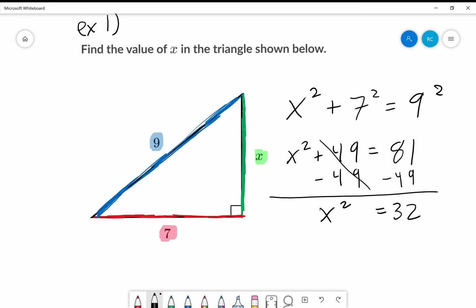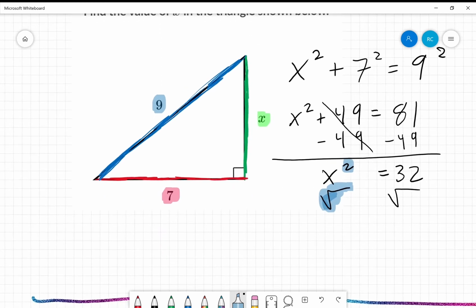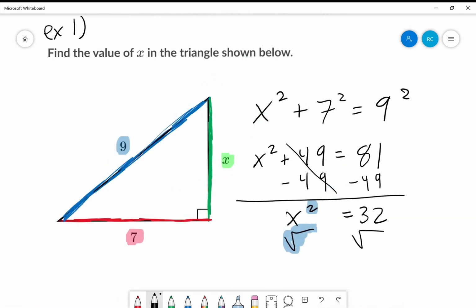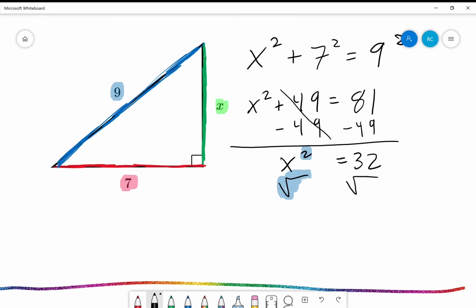And then we square root both sides. Remember that the opposite of squaring is square rooting, not dividing by 2 or anything like that. Okay, so moving down to give myself a little bit more room, we get x equals the square root of 32.